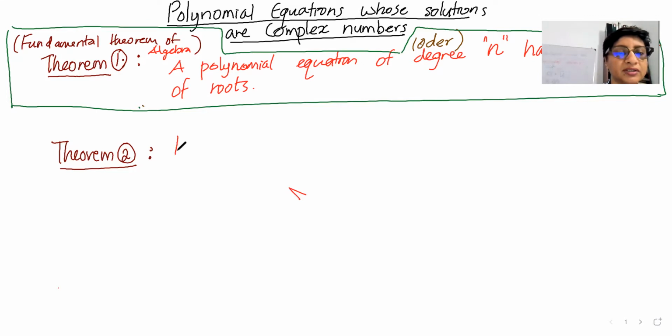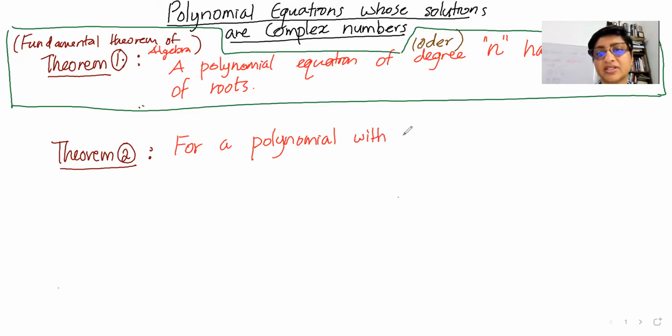For a polynomial, for a polynomial with real coefficients, with real, let's put capital R. Why do we put capital R for the word real there?